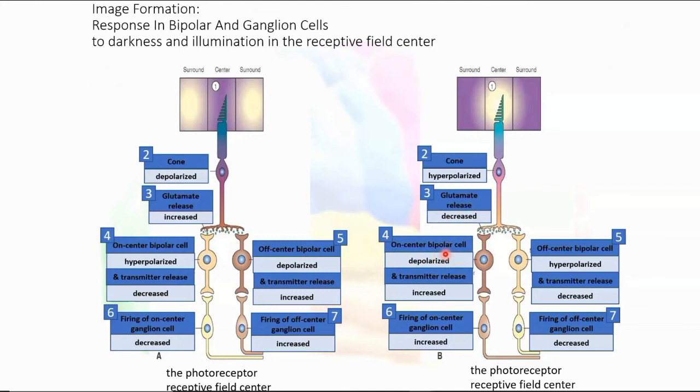Here, on-center bipolar cells are depolarized by glutamate. These are called on-center bipolar cells because the bipolar cells are active when the light is on in the center of the receptive field.